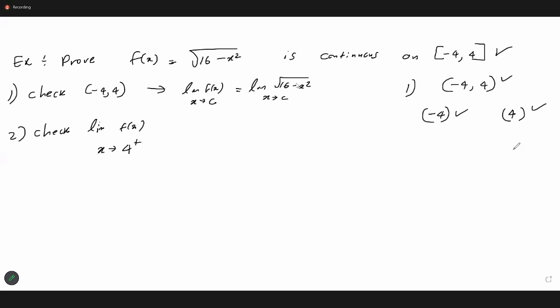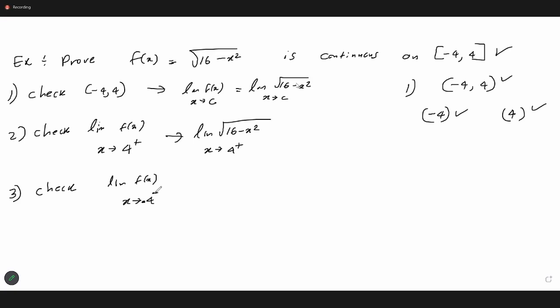I will check the endpoint first: the limit of square root of 16 minus x squared when x approaches positive 4. What happens? We have to check and prove. Third, we check the limit of f(x) when x approaches negative 4 from the negative end.